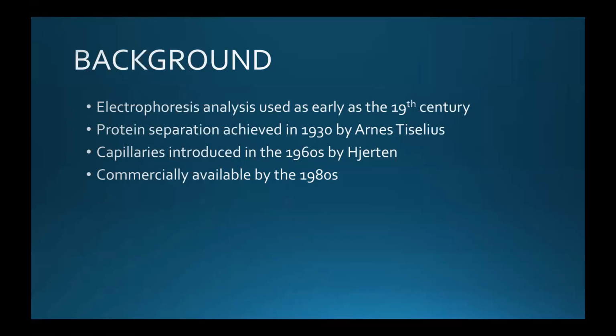It was proved to be able to separate proteins in 1930, but it wasn't made commercially available until the 1980s. That's a big part of its disadvantages: it's not quite as developed as some other techniques because it is relatively recent.